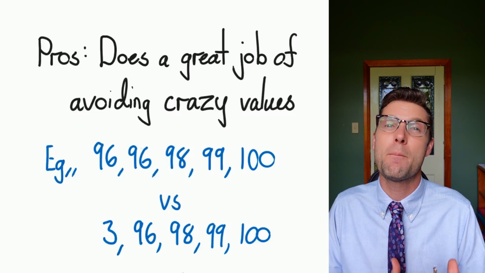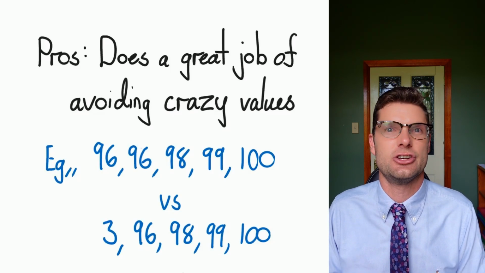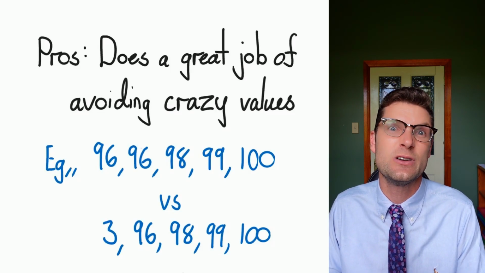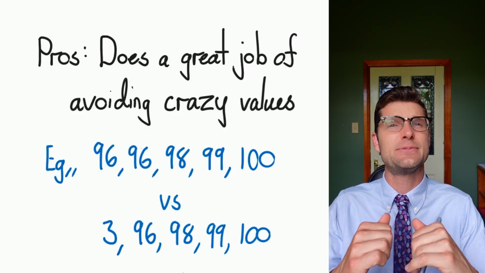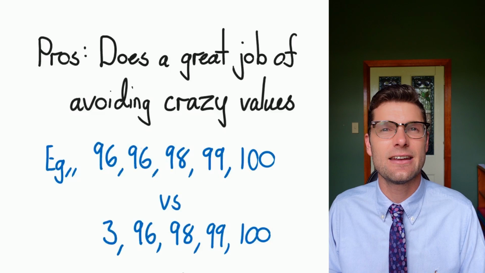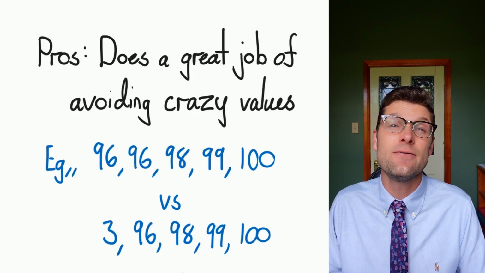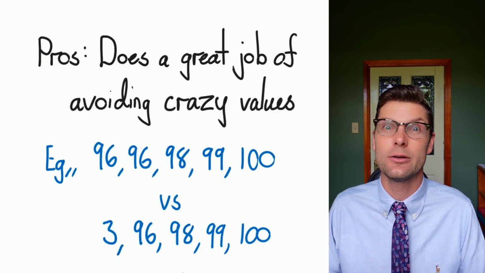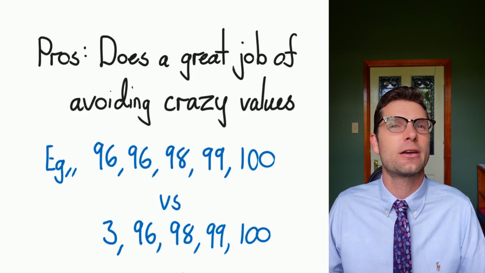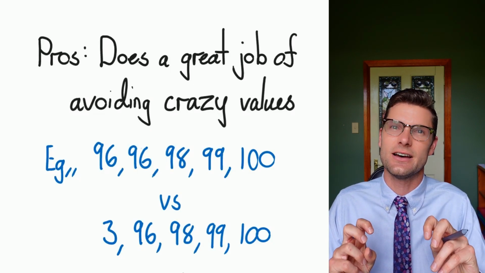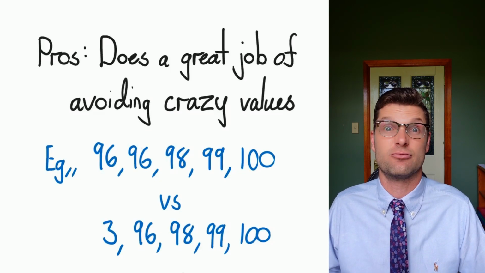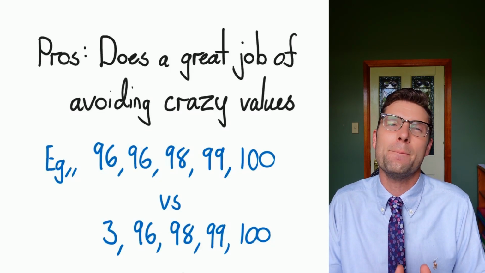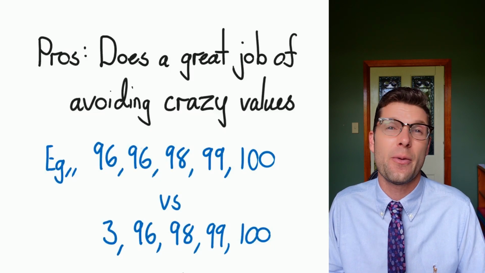The median for both of these data sets is not going to change. It's still the middle value, which is that 98. But if you're going to take the mean of these two, that 3 would absolutely drag that second value down. Even though these data sets do look really, really similar, they would come out with a completely different measure of center. So the 3 might just be a complete outlier, a complete joke really, but the median accounts for it in a way that the mean can't.